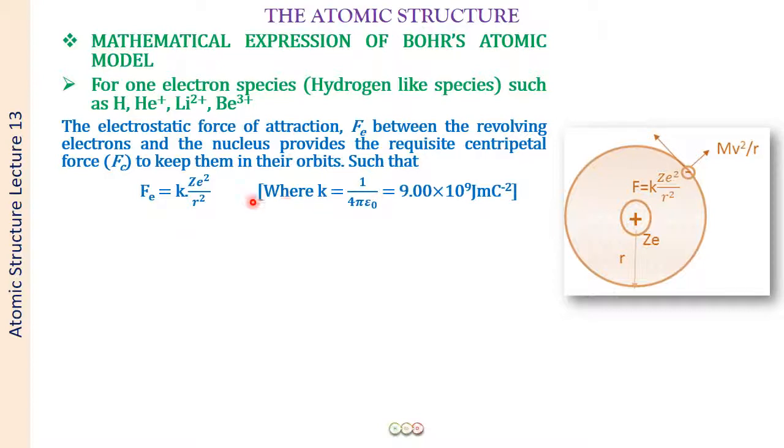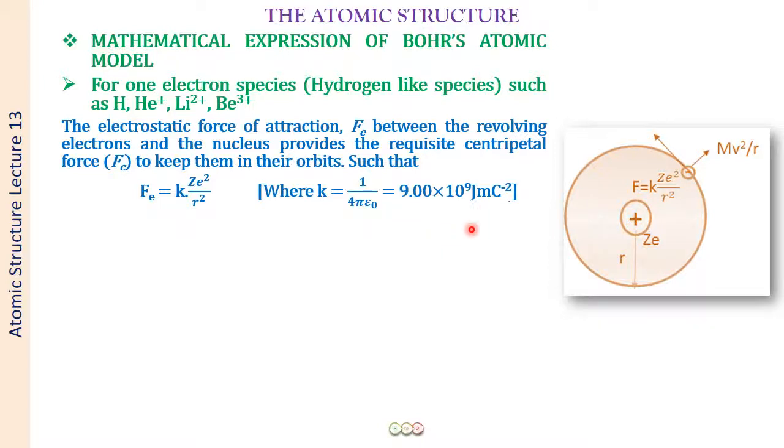For me, K is equal to 1 over 4 pi epsilon naught, and the numeric value for this comes up to 9 into 10 power 9 joule meter per Coulomb square. Right? And please do remember this also, because you are going to need it in your further calculations.